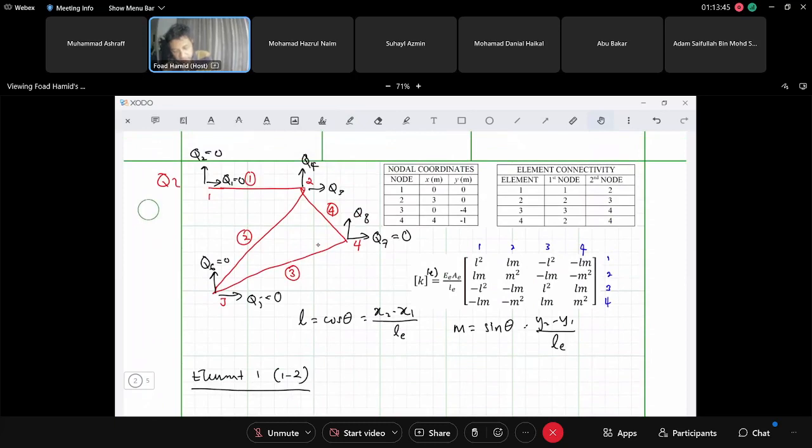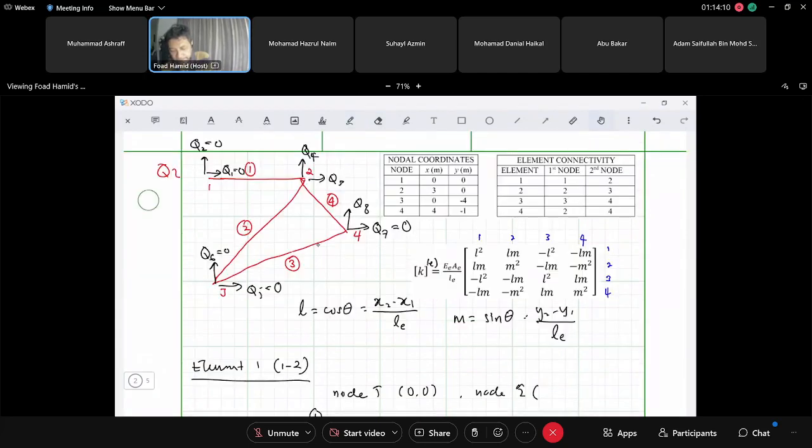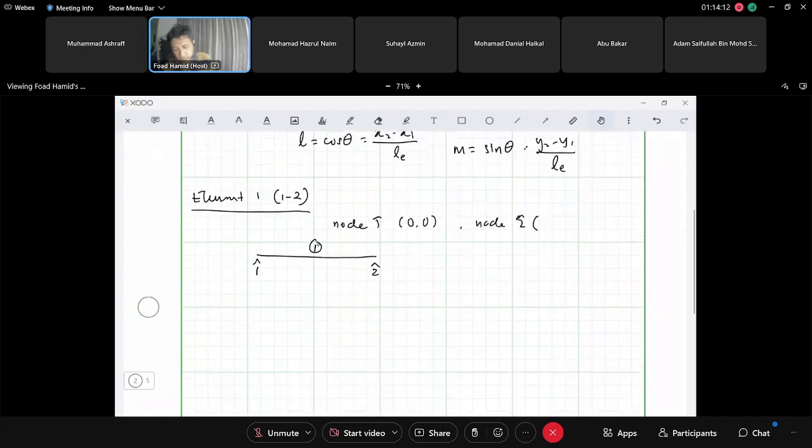So in this case, our node 1 is 0, 0, and our node 2 is 3, 0.